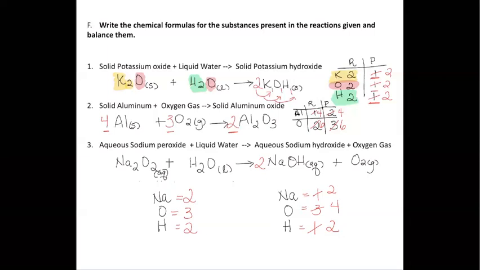So we need to try to balance our oxygens. Now, if we put a 2 in front of the water to try to balance the oxygens, then we will have 2 oxygens from the water, and we have the 2 oxygens in the sodium peroxide, so that will take us to 4.